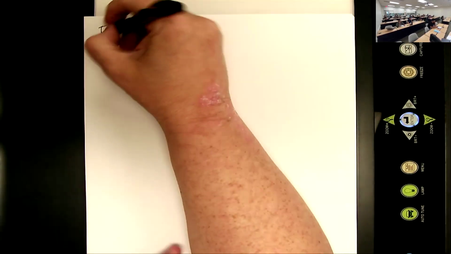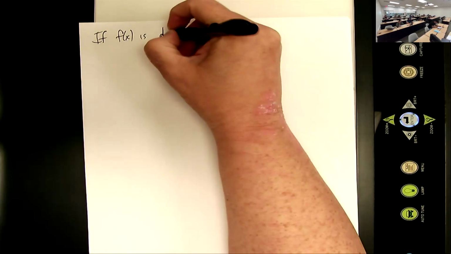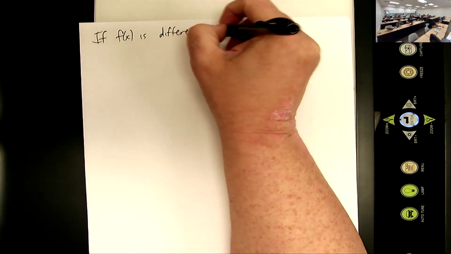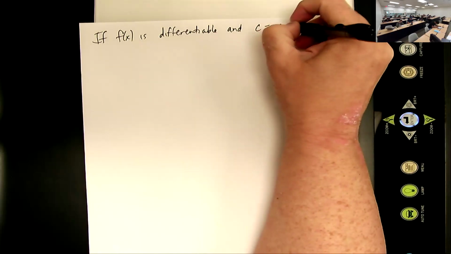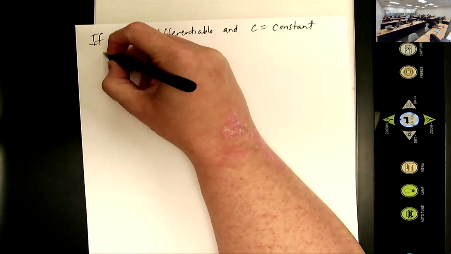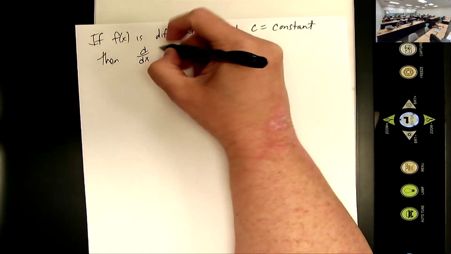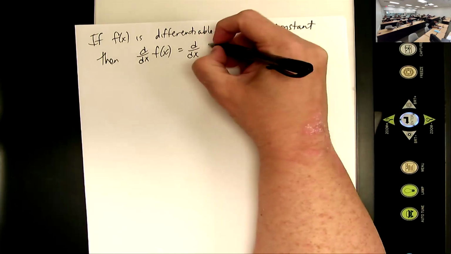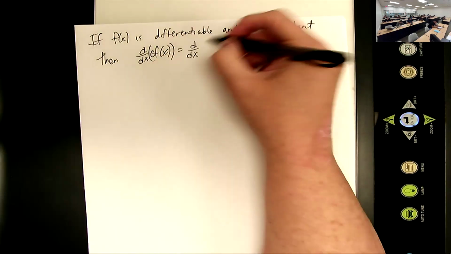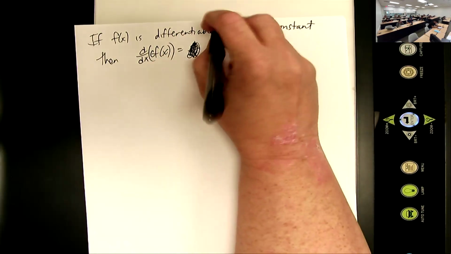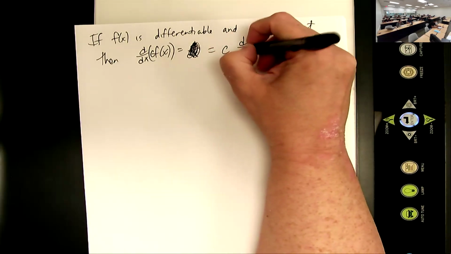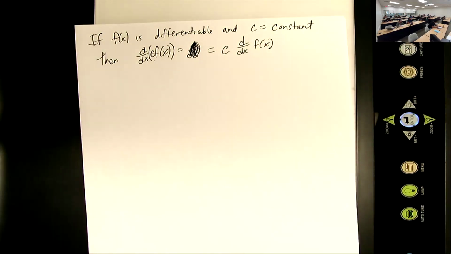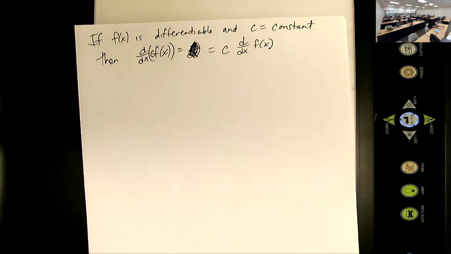Alright, you guys are done with that? Next one. If f is differentiable and c is a constant, then the derivative of c times f of x equals c times d/dx of f of x.